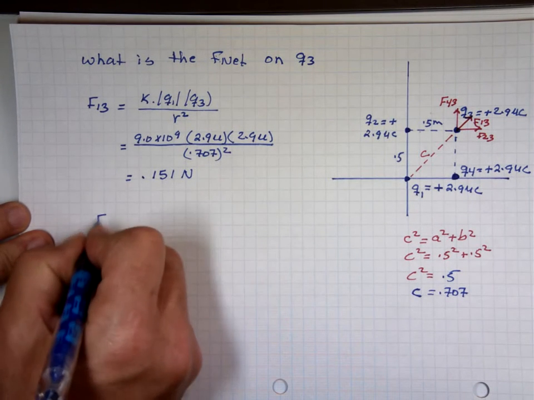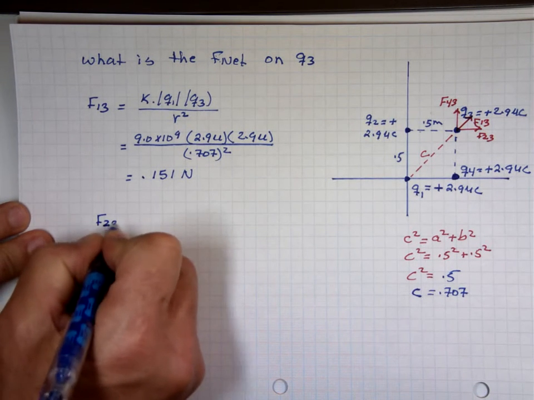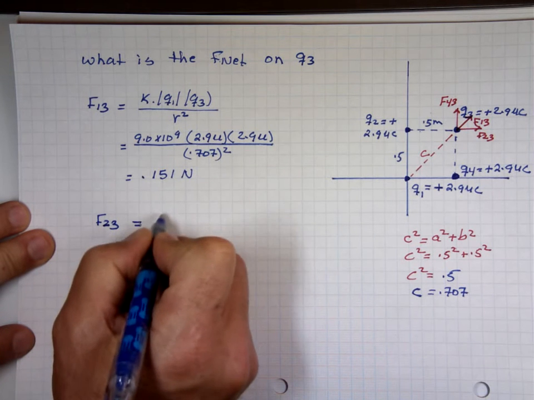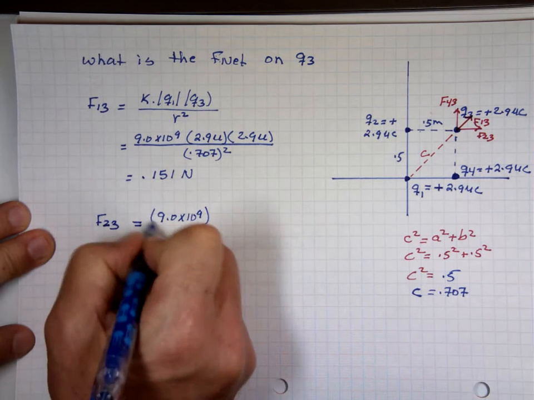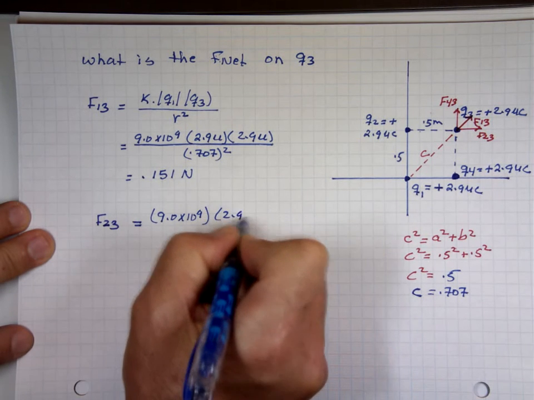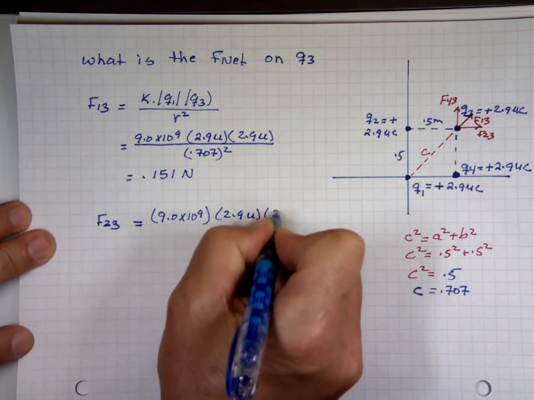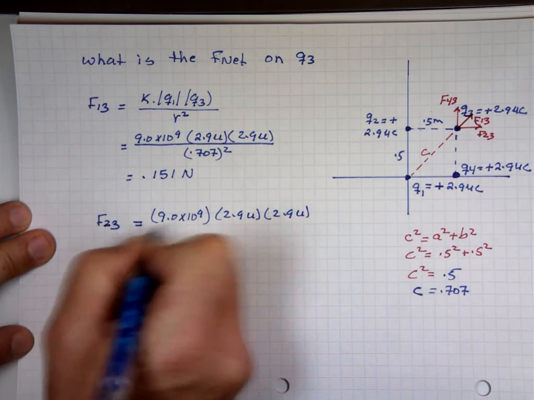F2 on 3. 9.0 times 10 to the 9, 2 is 2.9 micro, 3 is 2.9 micro, over 0.5 squared.